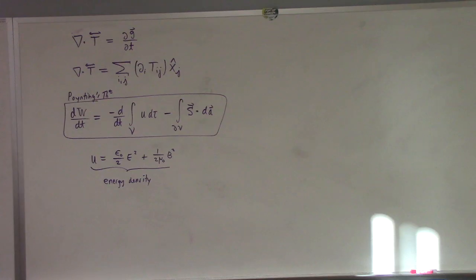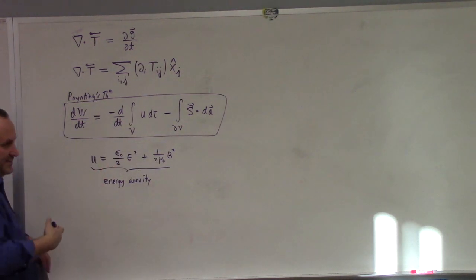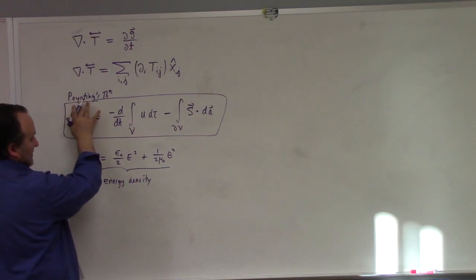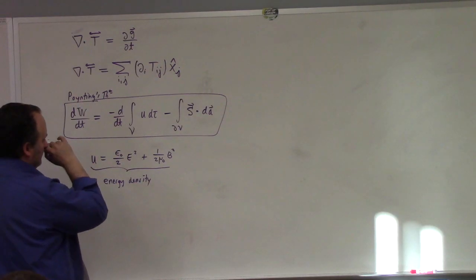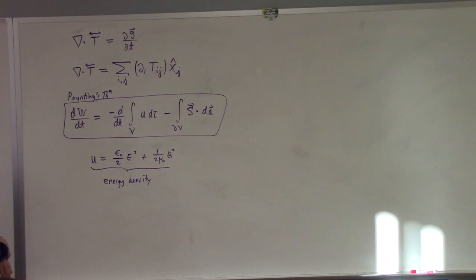Right. So it's saying that the rate of change of the energy in a volume and the energy which flows through the surface of that volume are related to the total change in the energy within the volume, right? Like if the energy in the electromagnetic field in a particular volume was not changing, that means that whatever... I'm not saying this right. This is the work being done on charges within the volume, right?